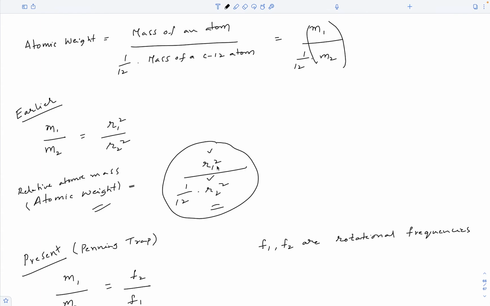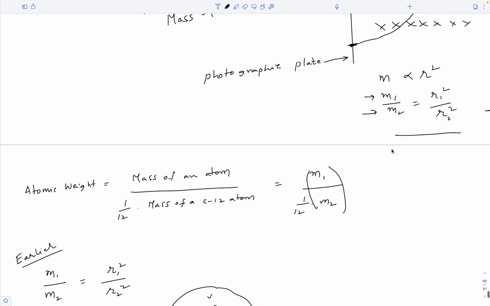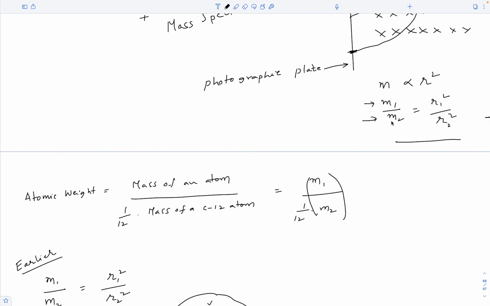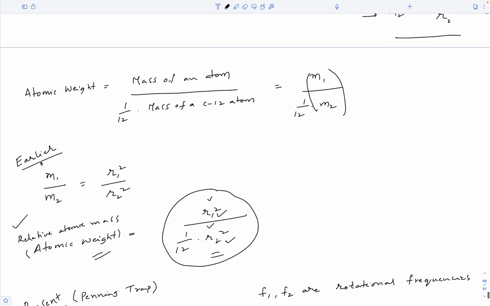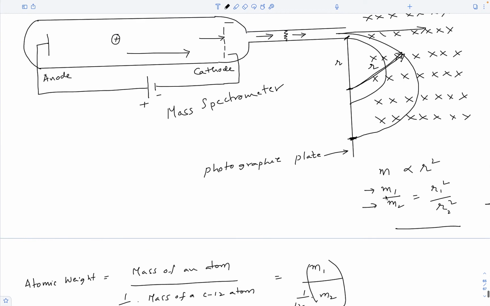See, we are measuring R1 and R2 and using this relationship between the radii and masses, we are able to determine the atomic weights. So don't think that in a mass spectrometer we measure the value of M1 in kilograms, M2 in kilograms and divide one with the other. We don't do that at all. We are measuring something completely different. We are measuring the radii of the semicircles.